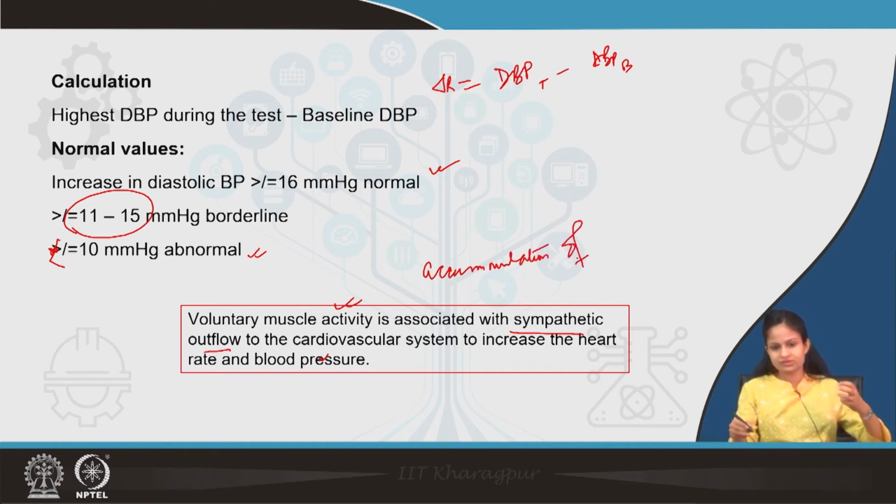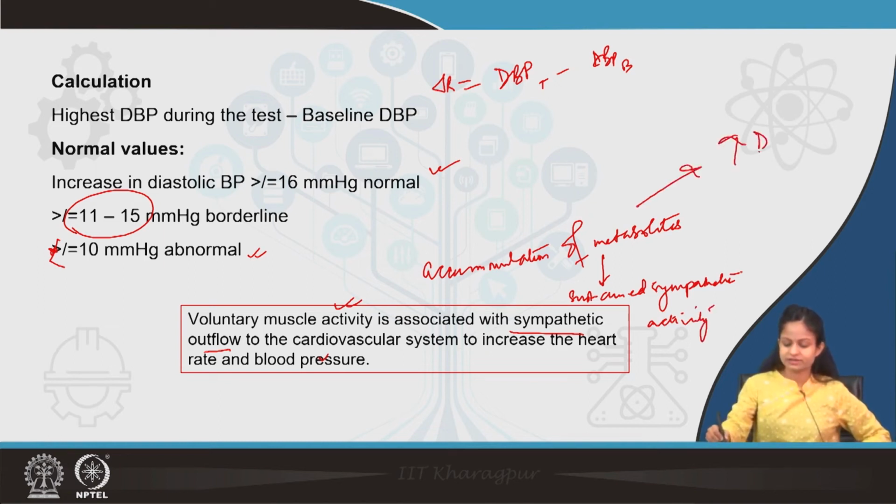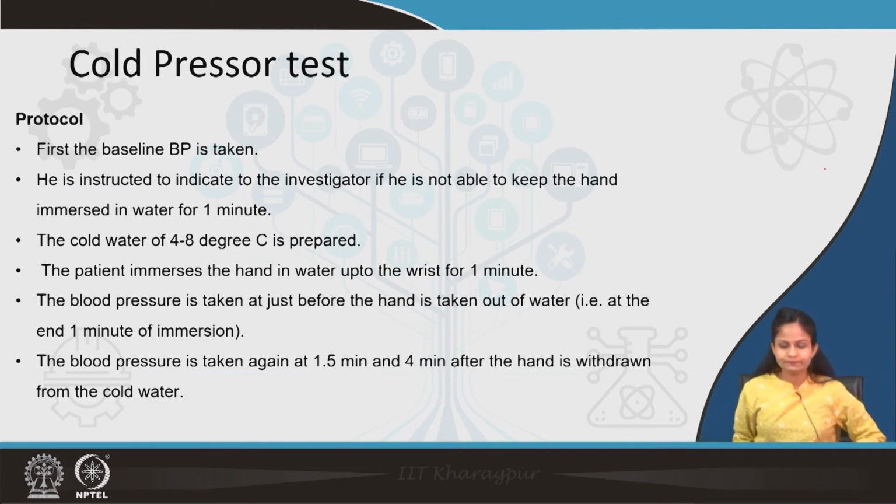Since we are doing isometric exercise, because of this enhanced exercise activity, there is accumulation of various metabolites which causes sustained sympathetic activity. So, this causes the rise in the diastolic blood pressure mainly. So, this is all about your hand grip test.